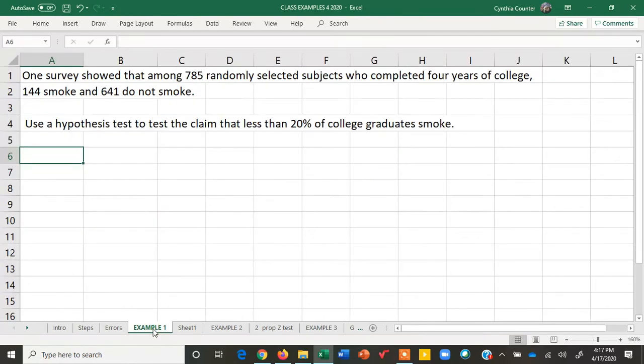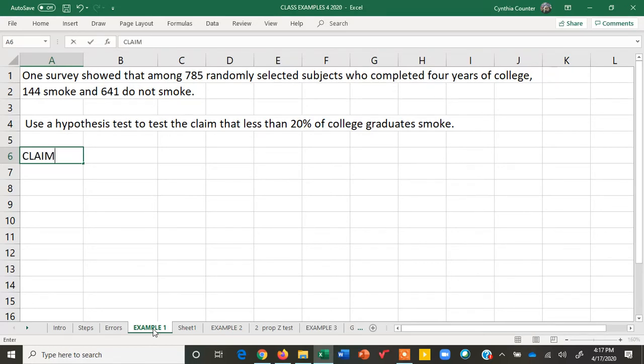So let's look at the example we looked at before, but now we're going to just write out the steps. So we have 785 randomly selected subjects who completed 4 years of college, and 144 of them are smokers. And we want to test the claim that less than 20% of college graduates are smokers.